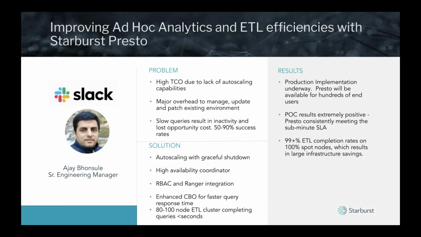So what I want to finish with is just one quick use case study. We work with Slack to help them with both analytics, ad hoc analytics, and ETL as well. The challenges they were facing when we started the conversation with them were a high total cost of ownership.